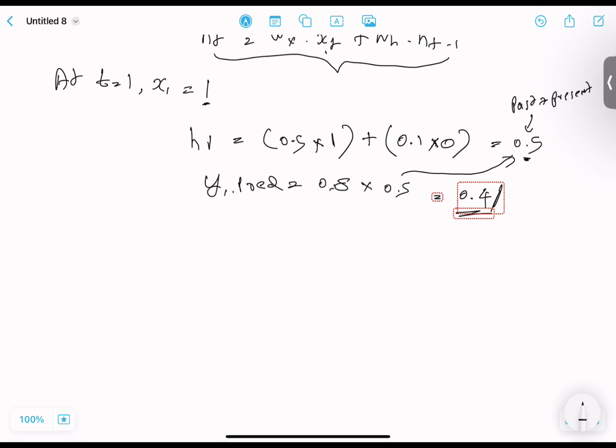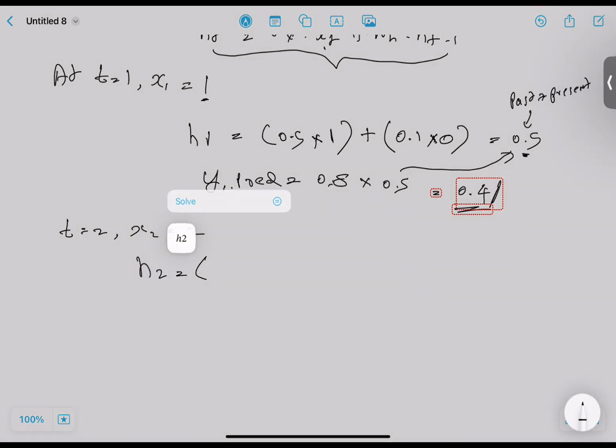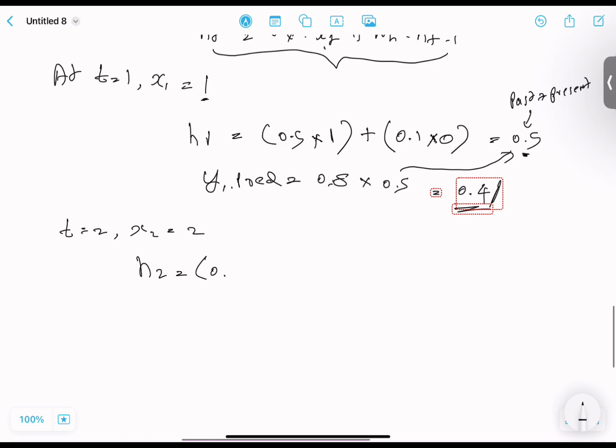Likewise we can repeat the same step for time step 2. If I quickly do that calculation, h2 is 0.5 into 2.